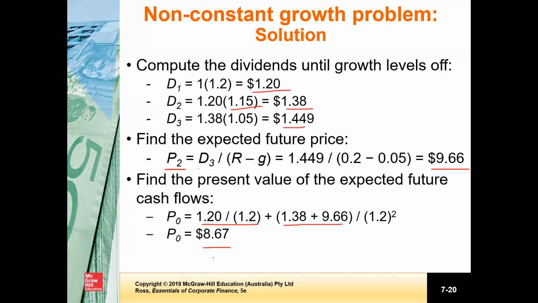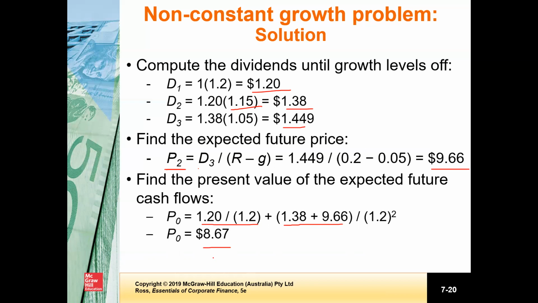So you get a dividend of 1.2 next year, 1.38 in year 2, and then it becomes constant. So if you buy this share at 8.67, then you're going to earn your required rate of return, which is 20%. Okay, so I think you understand this.